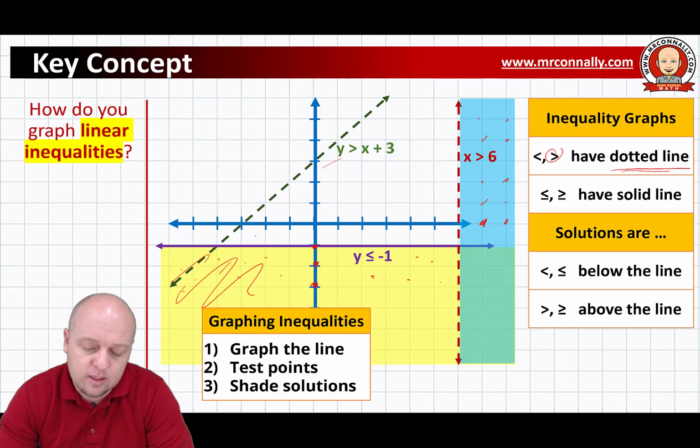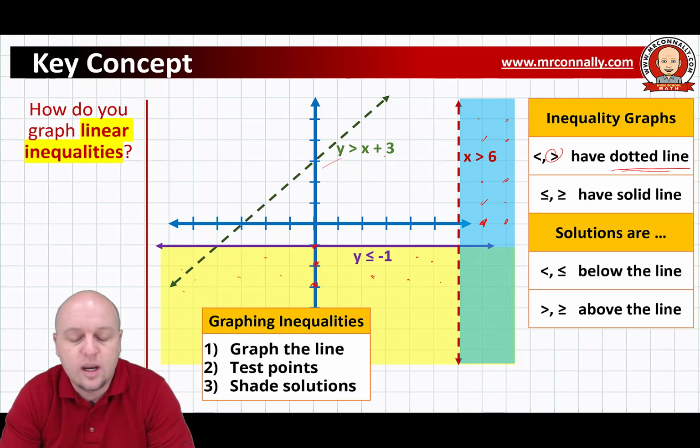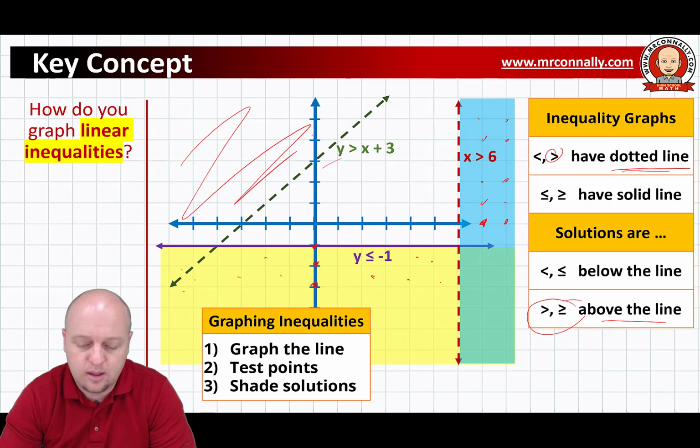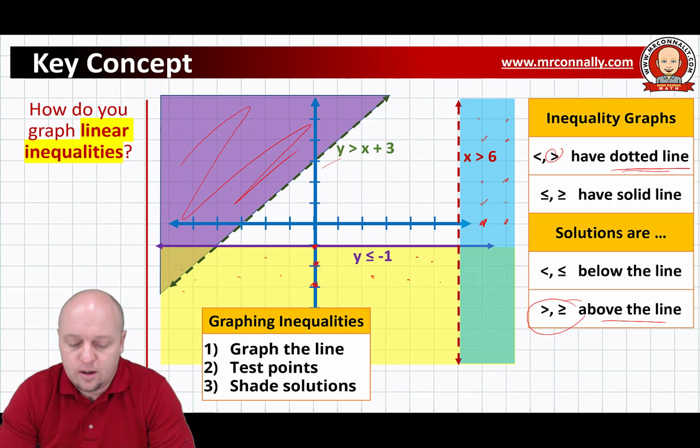In this case, that would be down here. But it doesn't ask us to do that. It asks us to do greater than. So that means we're going to shade above the line. All the answers would be up here, so we would shade it in like this. Okay, so that was how you would show the answer. All right, so remember: graph the line, test the points, and then shade the solutions.